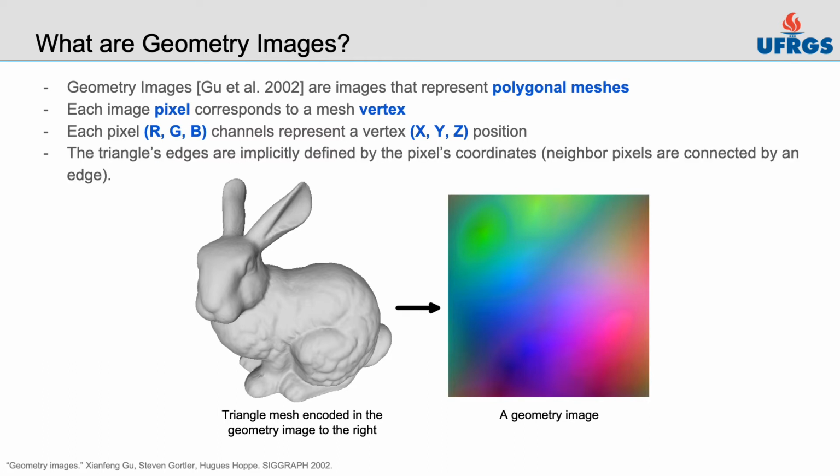Finally, the triangle edges are implicitly defined by the coordinates of the pixels. If you recall, our filter is designed for spherical geometry images and not simply geometry images. Spherical geometry images are also geometry images, so they have all of the properties presented in the previous slide.